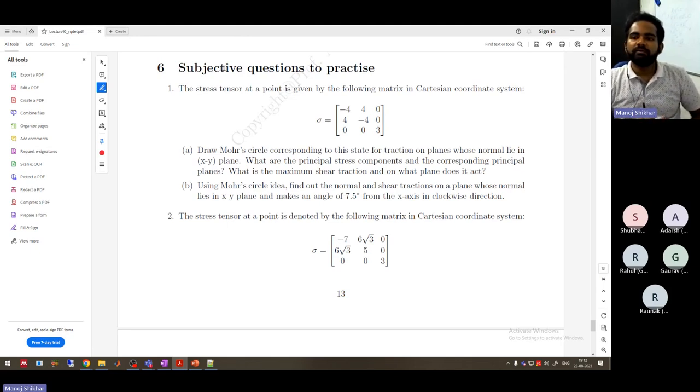Draw the Mohr circle corresponding to this state of stress on planes whose normal lie in XY plane. What are the principal stress components and corresponding principal planes?